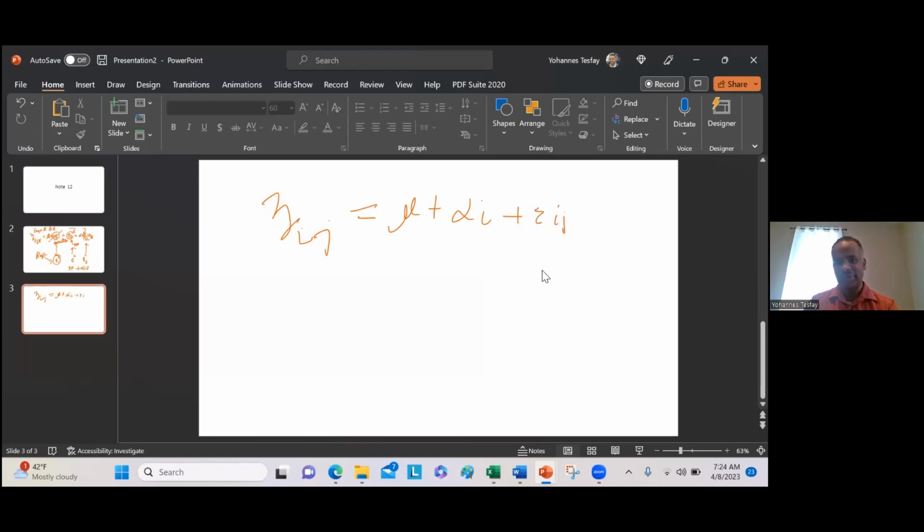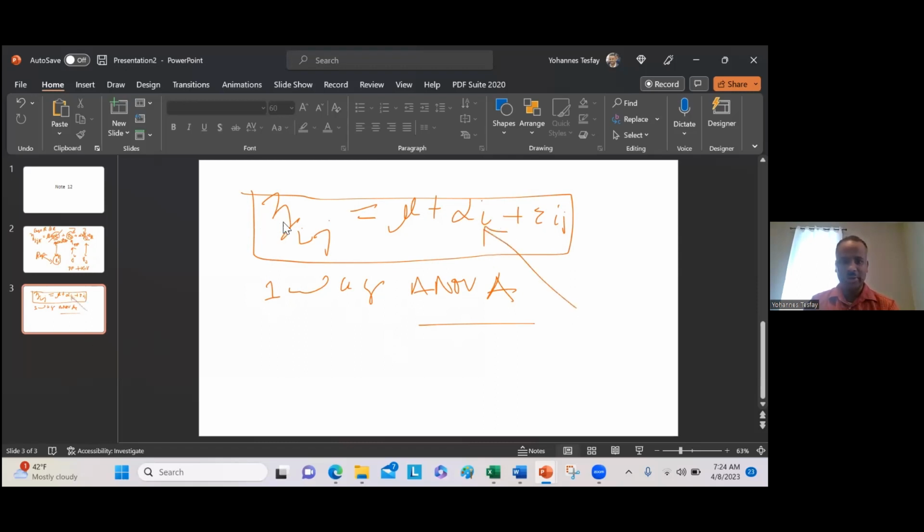So this is one way ANOVA. From the one way ANOVA, you are going to see whether this is significant or not. The grand mean here, this is the grand mean.